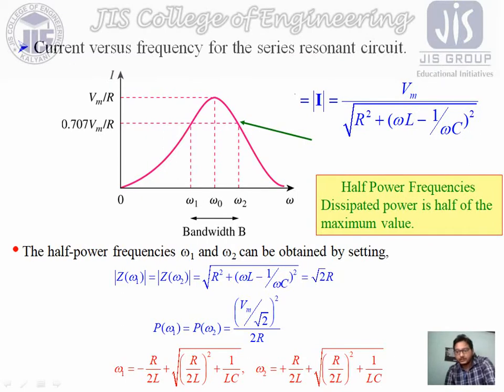So we are going for the calculation of the half power and the maximum power. First let's find the maximum power. Before that, the average power drawn by the RLC series circuit: P average, which for an AC circuit is VRMS IRMS into cos phi.